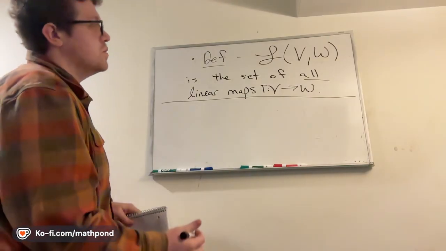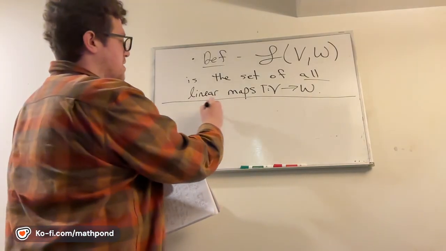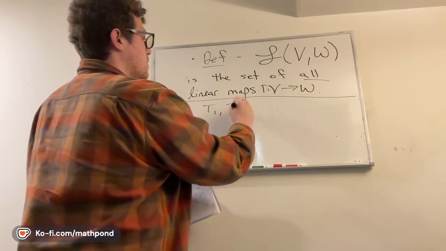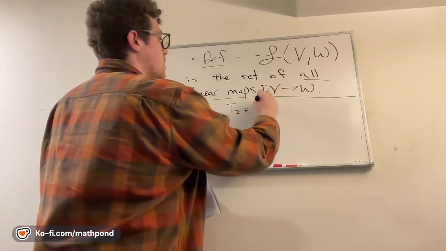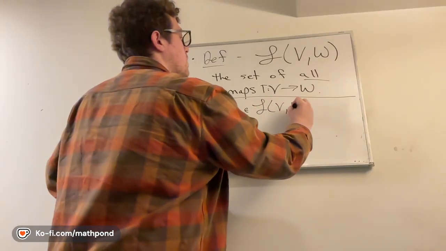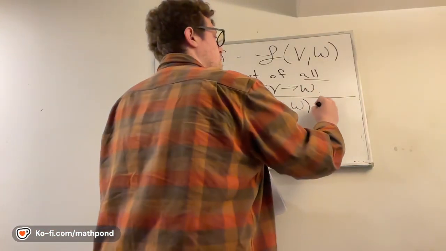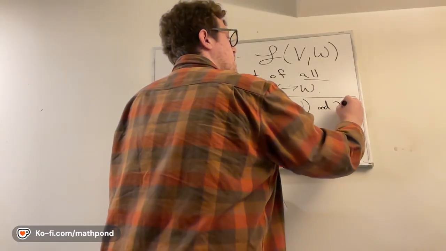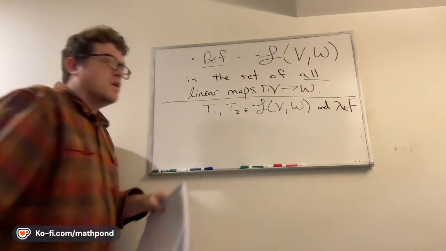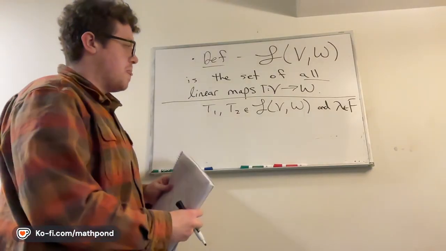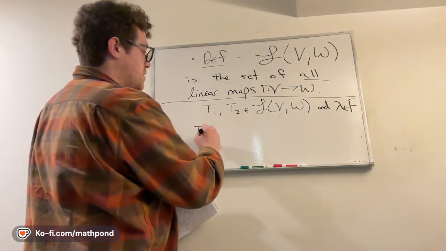So basically we just have to define these two things. If I have two linear maps, T1 and T2, and if I have some scalar lambda in the underlying field, what does it mean, T1 plus T2?